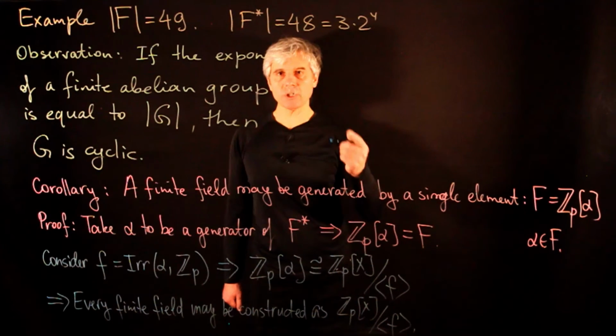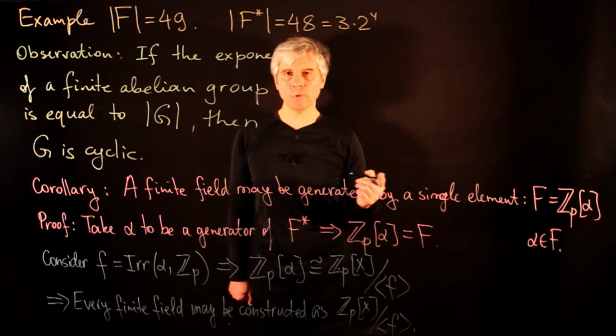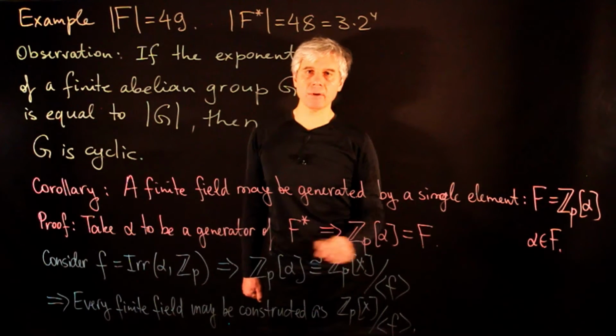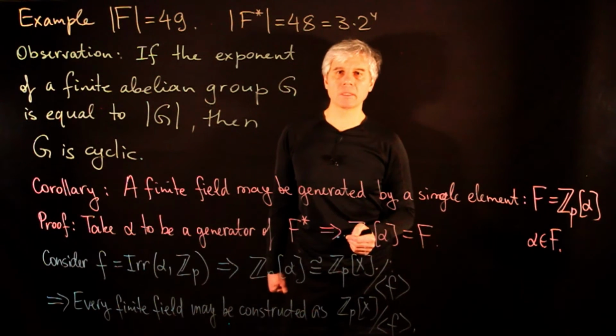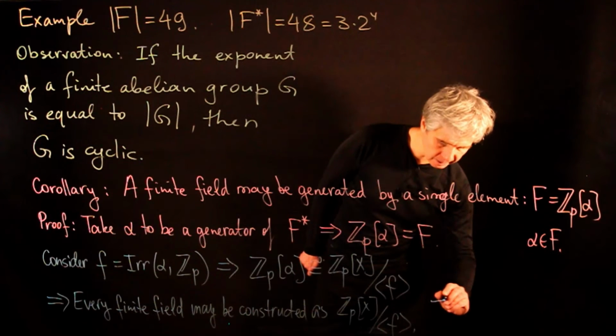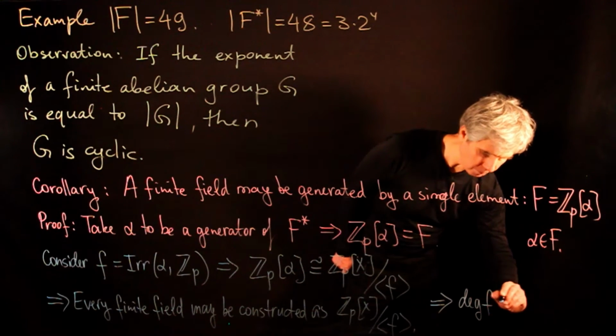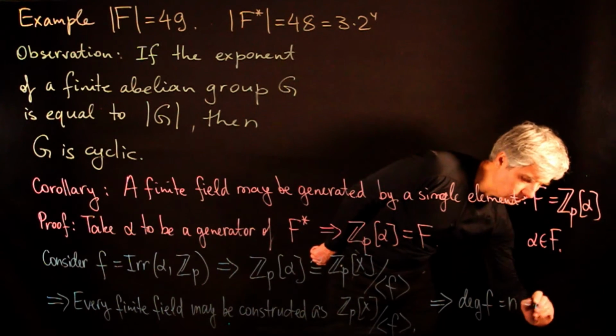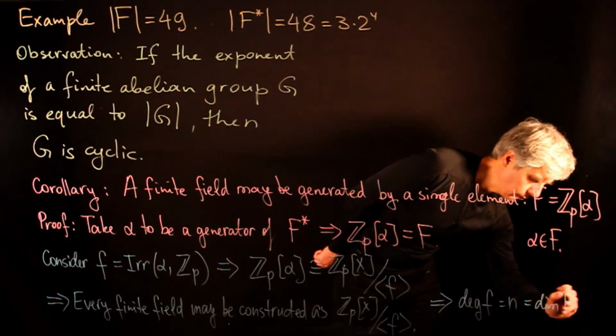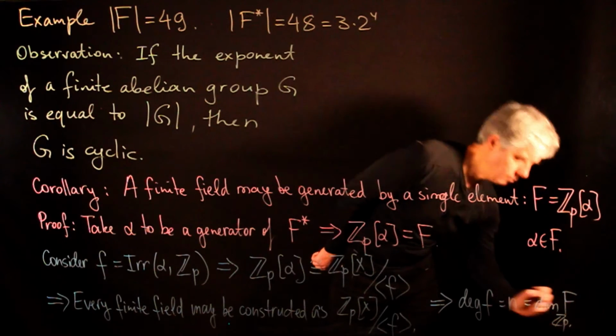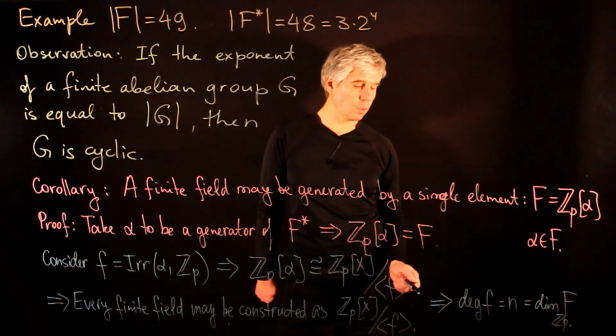So our construction that we gave before is a universal construction of finite fields. Every finite field may be constructed in this way. And this guarantees that the degree of this polynomial will be equal to n, which is the dimension of F over Zp. The converse of this does not hold.